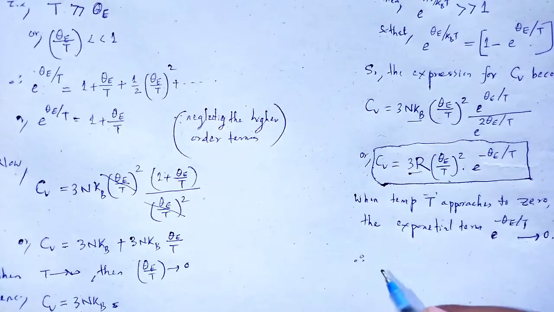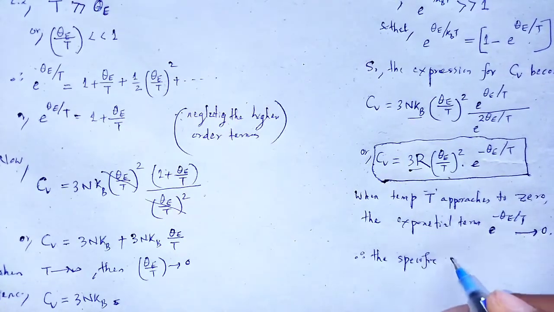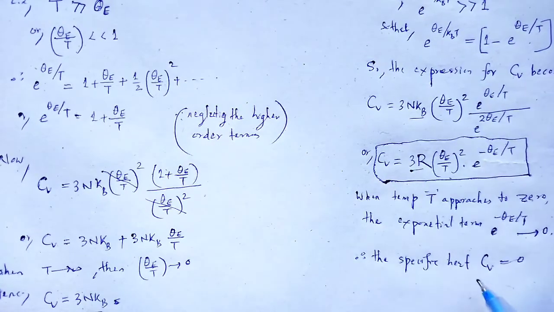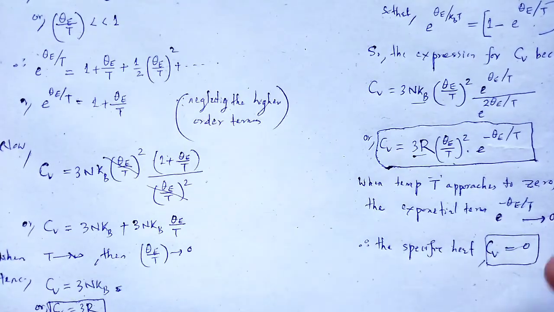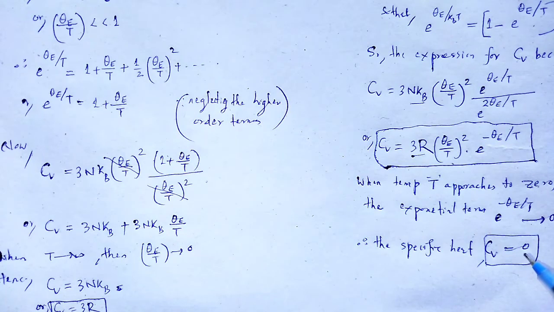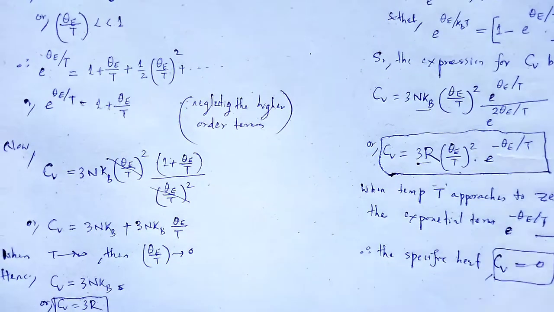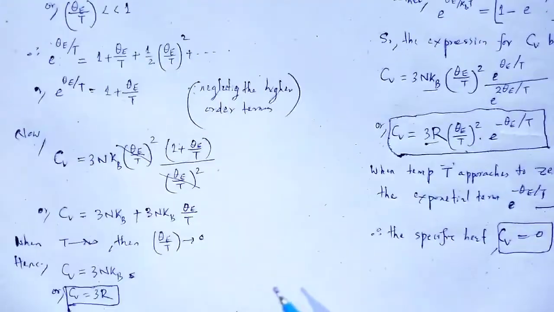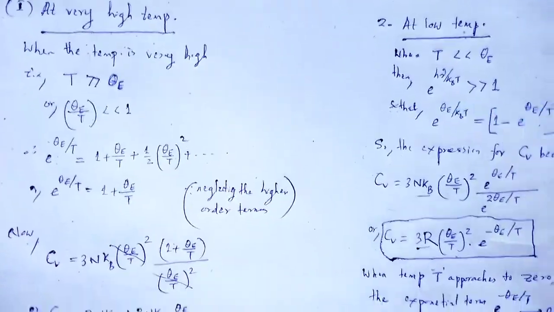Therefore the specific heat Cv is equal to 0. So at low temperature Cv is equal to 0 is explained by using Einstein's theory of specific heat in solids. This is at very high temperature, that is same to that of Dulong and Petit's law. That one is for low temperature.